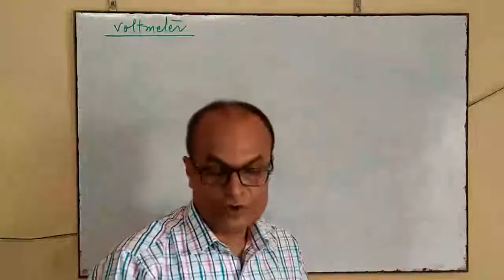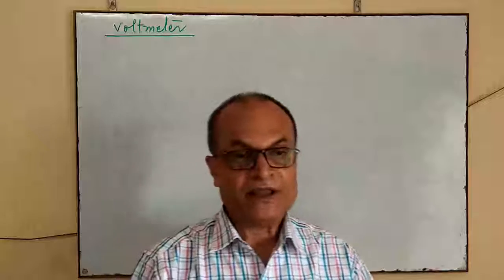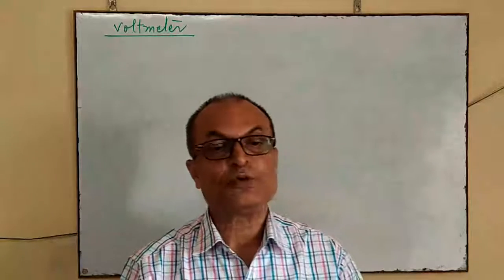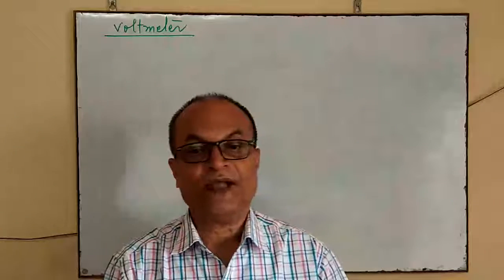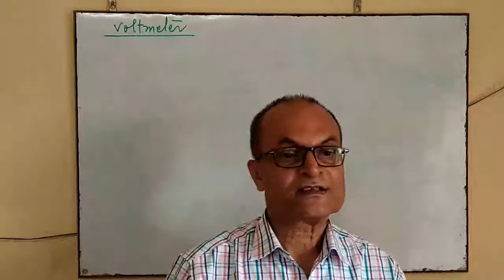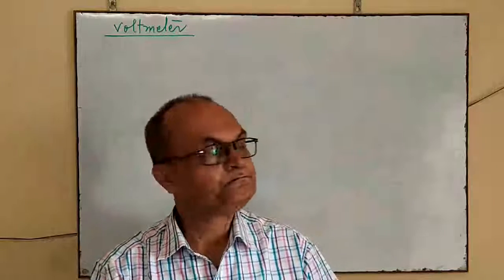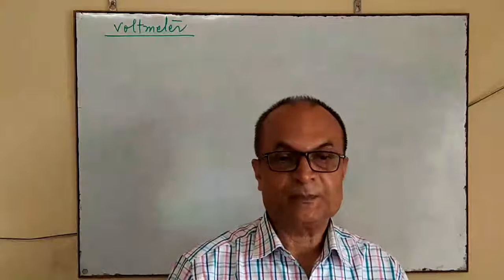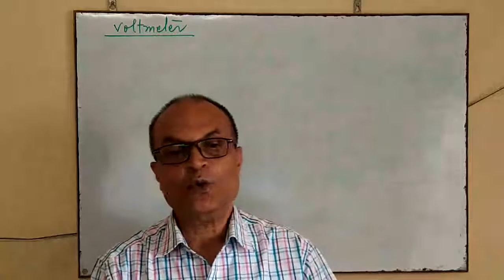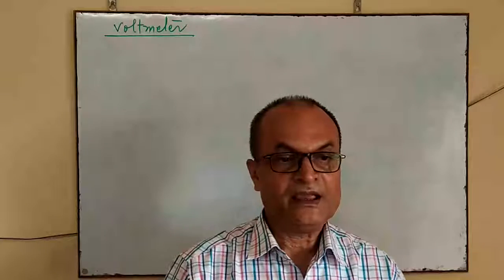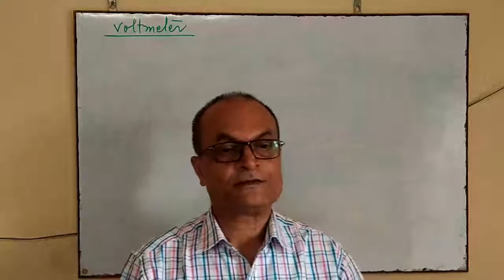Voltmeter. You know about the voltmeter from previous classes. A voltmeter is an instrument used to measure the potential difference across the two ends of an electric element of a circuit. A voltmeter is always connected in parallel to measure potential difference across the two ends of an electric element in the circuit.